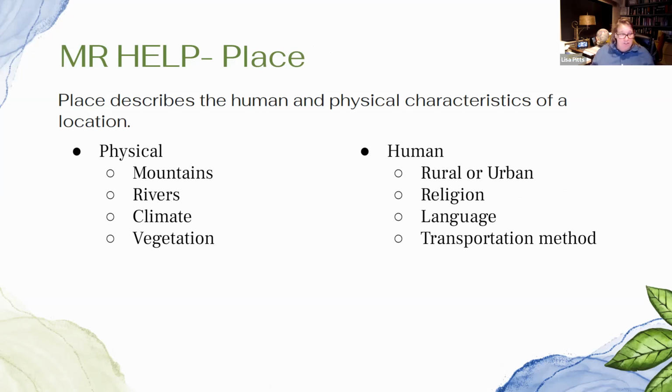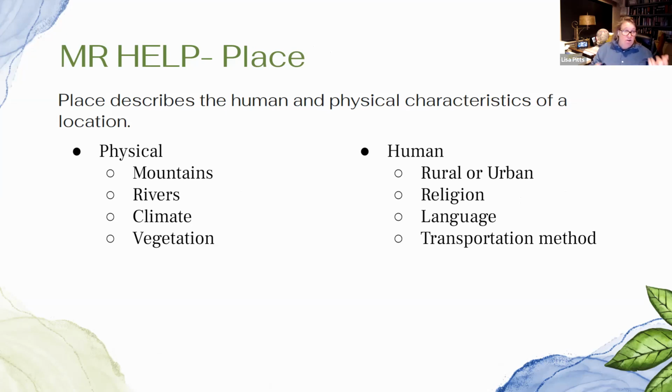So physical characteristics include the mountains or rivers or the beach, or what is the topography, things like that. So if a place is described as hot or sandy or fertile or a forest, these all paint a picture in our minds about what we're going to see when we get there, right?